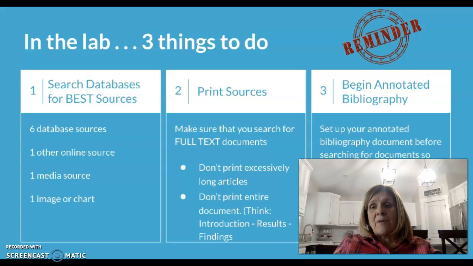I put this together before I realized we would not be in the classroom, so just remember that you want to print your sources if you can. If not, put them into a file that you can access easily throughout the next month as you're working on your annotated bibliography and your research paper.